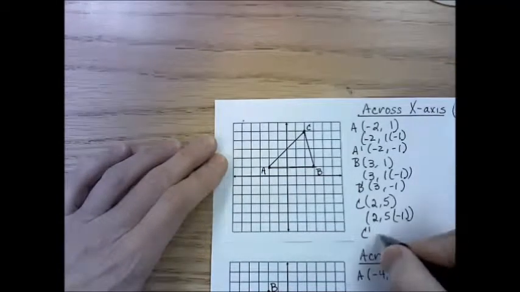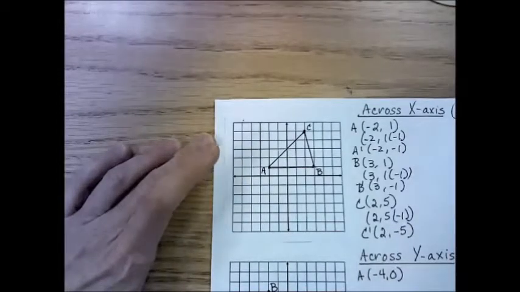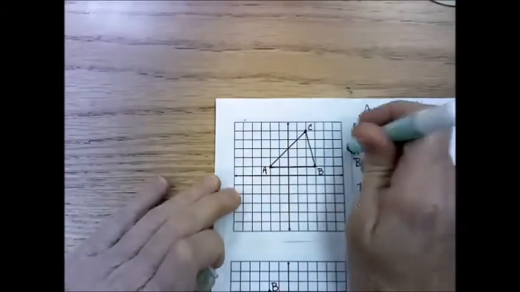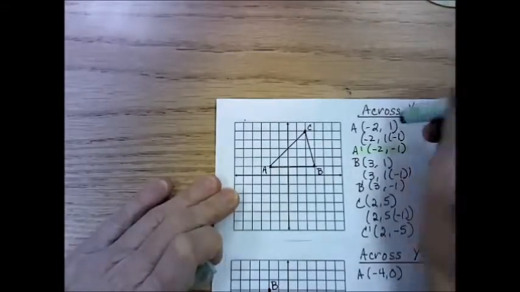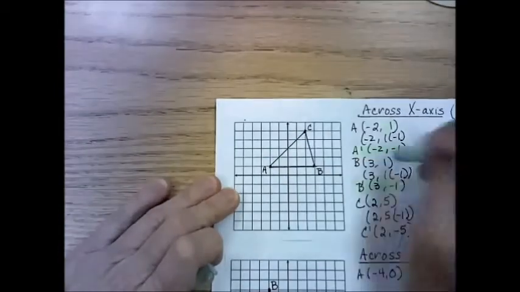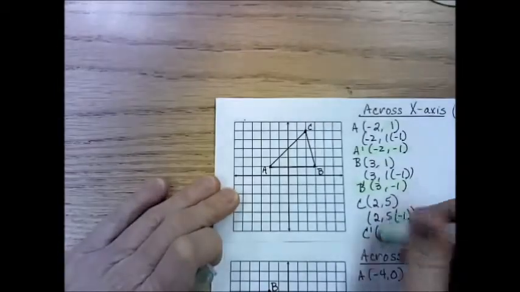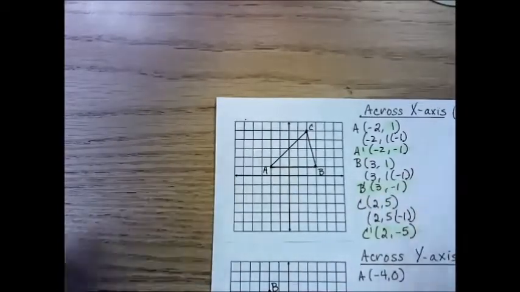And so C prime would now be located at 2, -5. Notice what changed was our y. A prime is -2, -1, B prime is 3, -1, and C prime is 2, -5. The y is what changed.